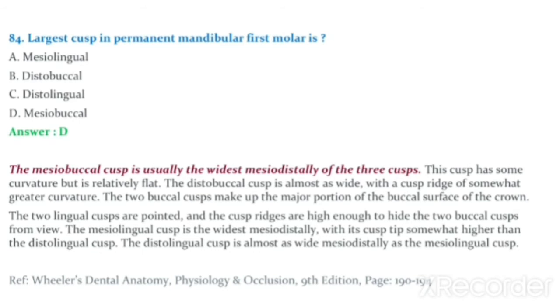The distolingual cusp is almost as wide mesiodistally as the mesiolingual cusp. A reference from Wheeler's Dental Anatomy, Physiology and Occlusion, 9th edition, page number 190 to 194.